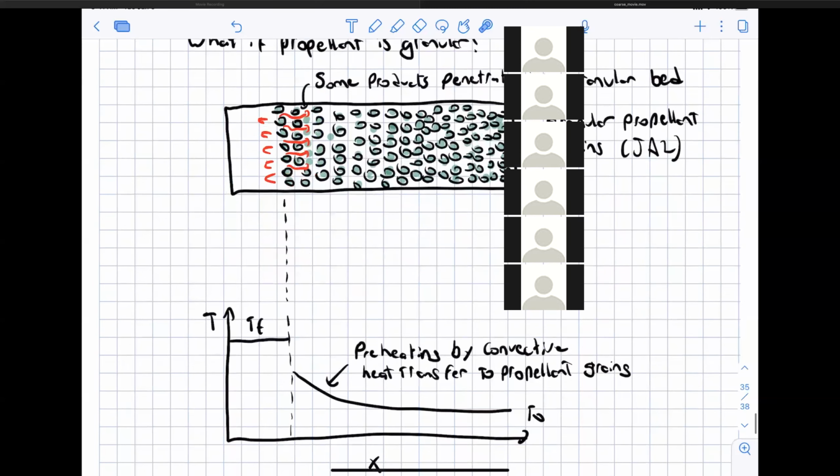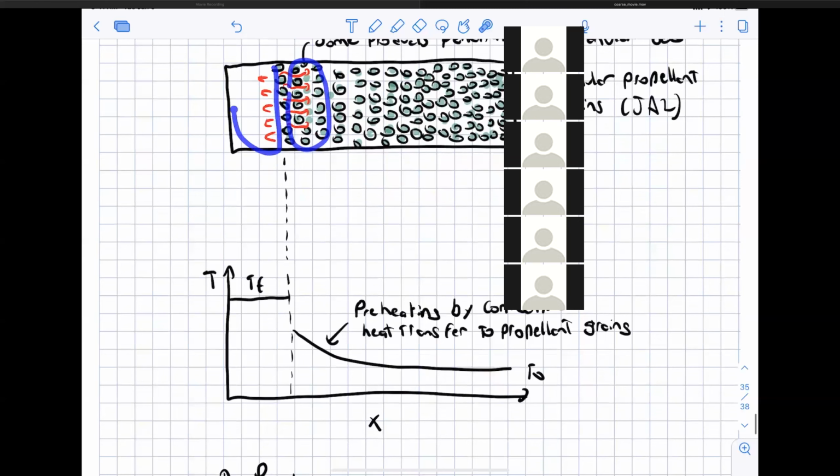And so if I was to look at this and plot the temperature of the gases and the propellant inside here, what I would find is that in this free space here, they'd be at some flame temperature.